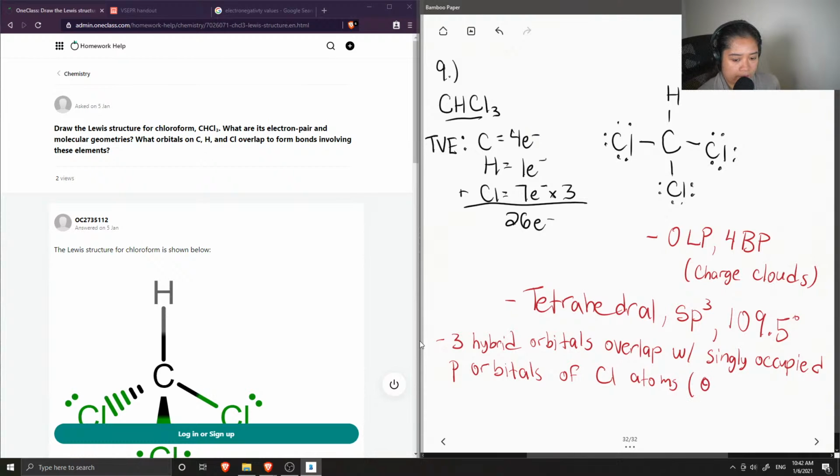And this forms a sigma bond. So sigma is this symbol right there, sigma bond.